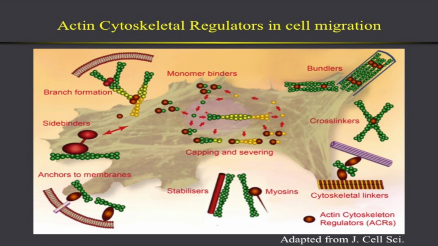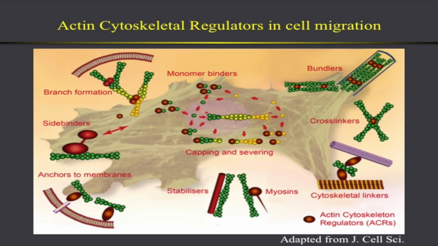There are also a lot of actin bundlers, which bundle the actin filaments and are involved in filopodia-type protrusions. There are also lots of other linkers, and linkers to the membranes, for example, which are involved in focal adhesion formation.